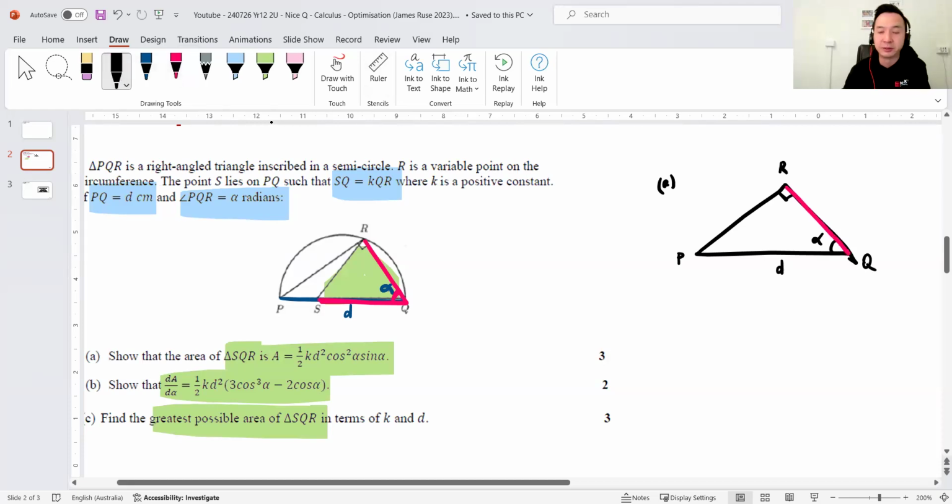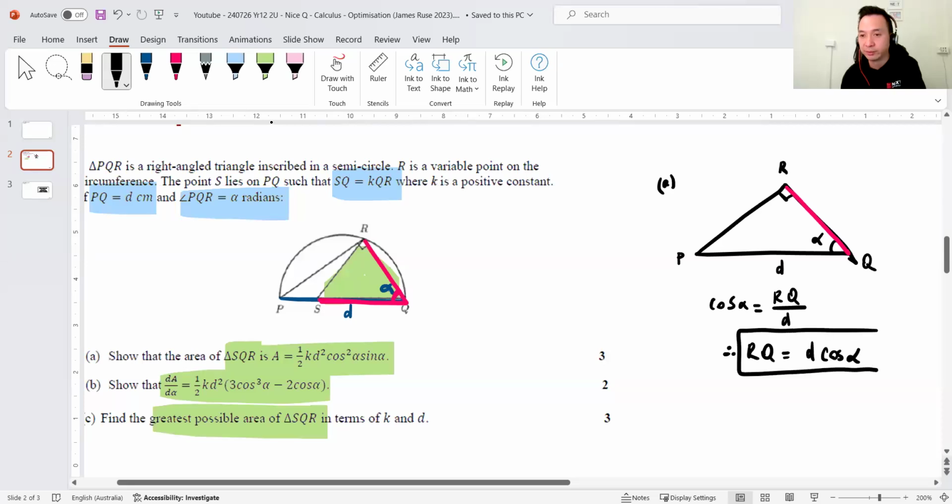Just using SOH CAH TOA. So what's that? Cos. The cos alpha is RQ all over D. So therefore, RQ is D cos alpha. Going to use that. So I've got that one, and I need this side here. Now, it actually tells me that SQ is equal to k times QR.